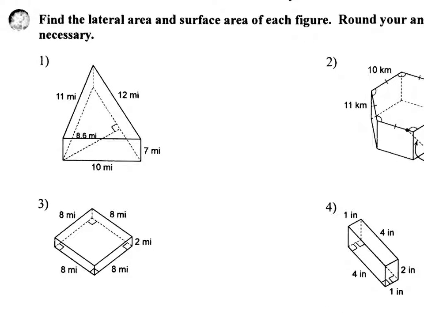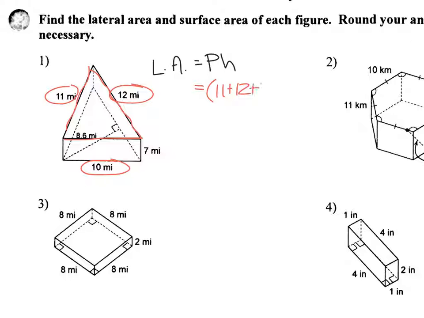Here it wants us to find the lateral area and surface area. So again, lateral area is P times H. Perimeter is going to be the sum of all the edges. So the perimeter is this, this, and this, those three sides right there. So P is 11 plus 12 plus 10.